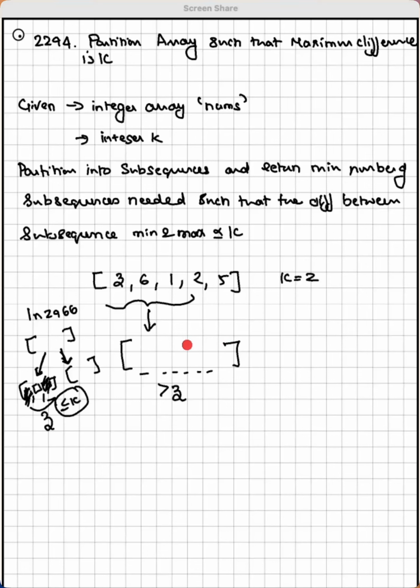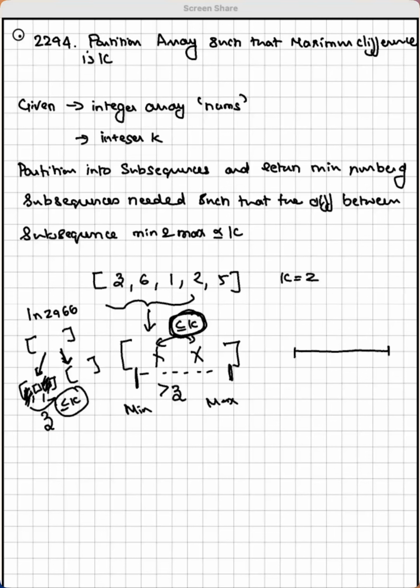We keep growing this as long as the difference between any two elements in this array is less than or equal to k. I also explained this in the previous problem: if you want the difference between any two elements to be less than or equal to k, we have to satisfy this condition for the worst case, which is our min and max.